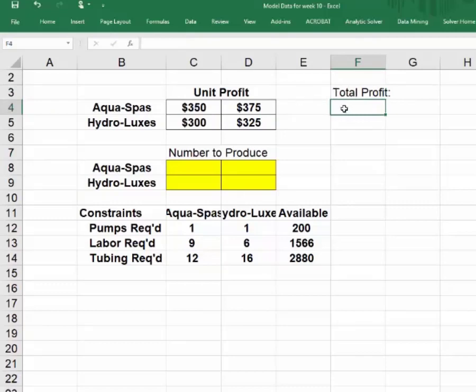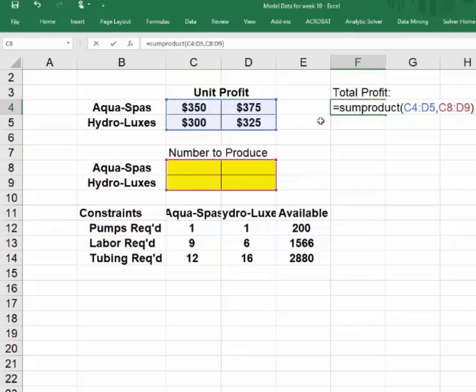The total profit equals just the sumproduct of those unit profits and the number to produce. So we put the decision variables in this way, in the same format as the unit profit.